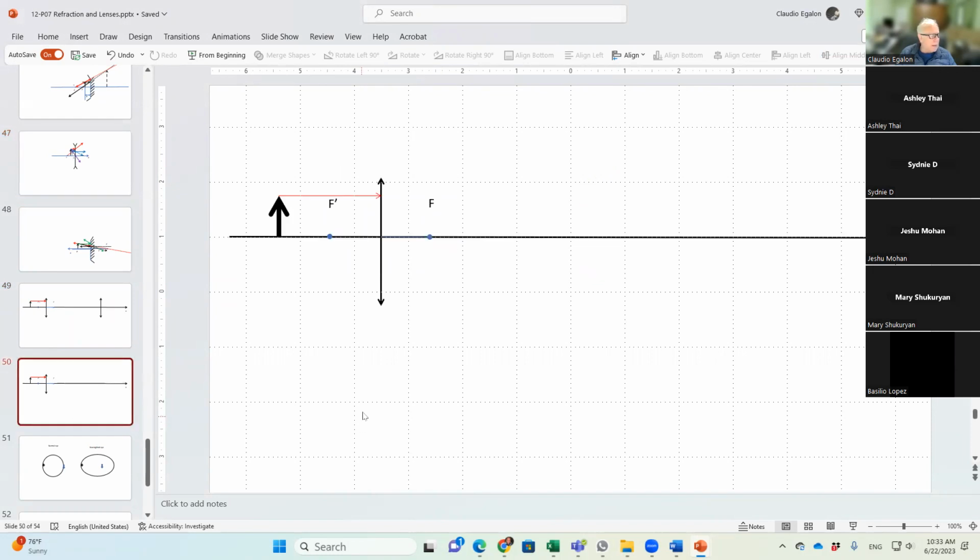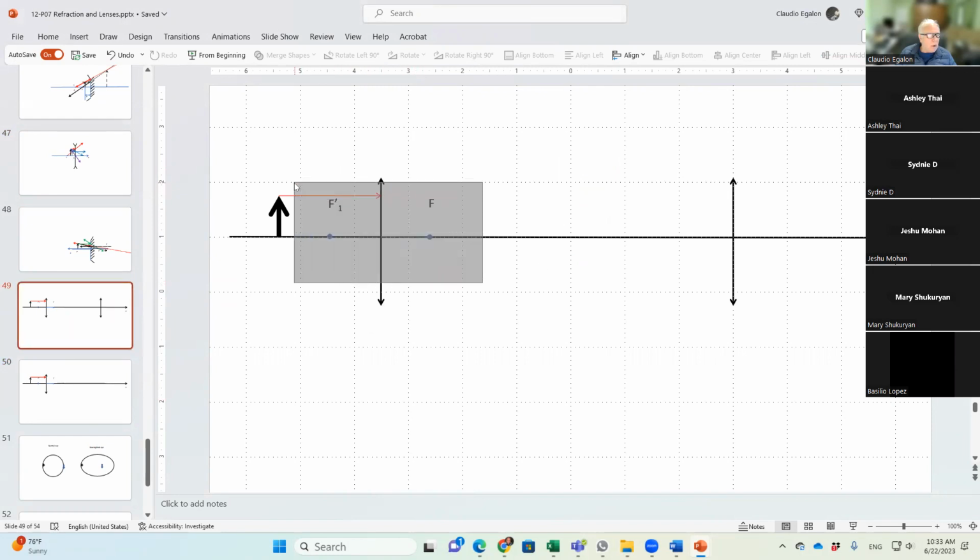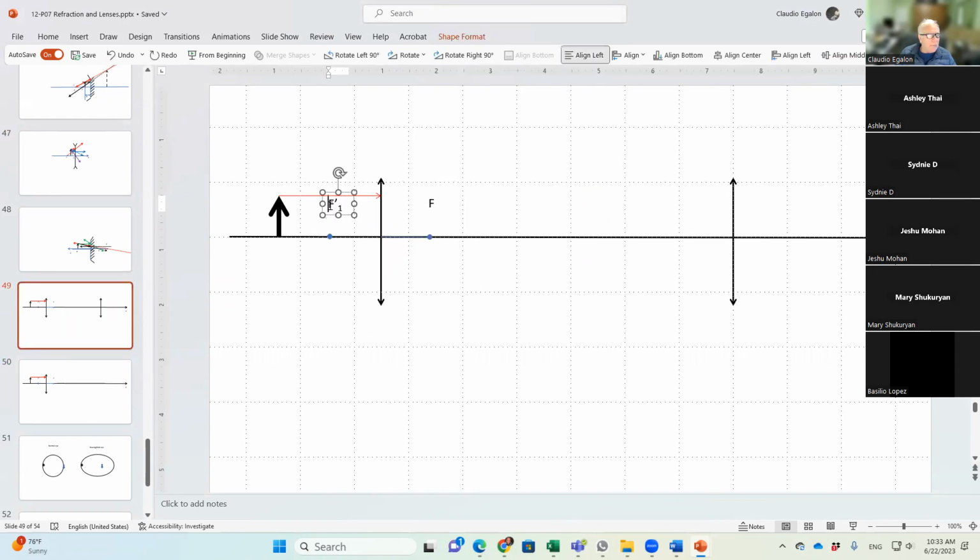So here you go, and second lens, and then I'm going to draw F1 prime, F1.